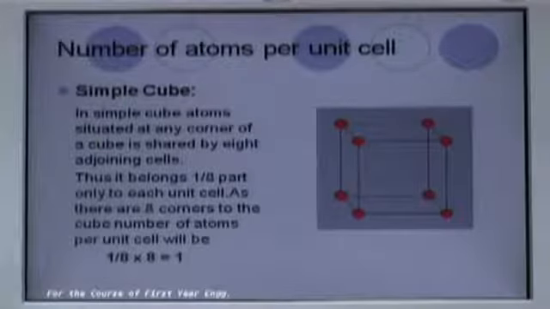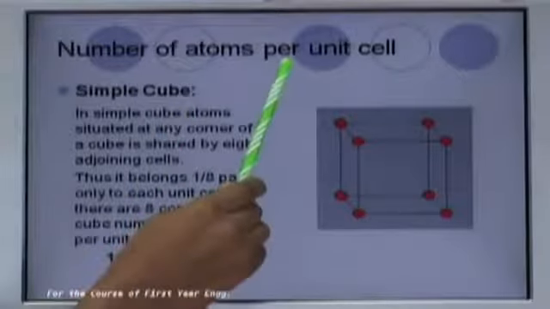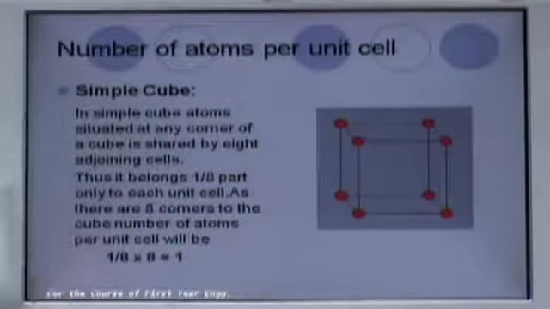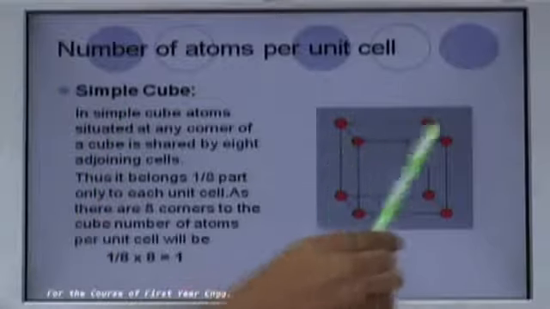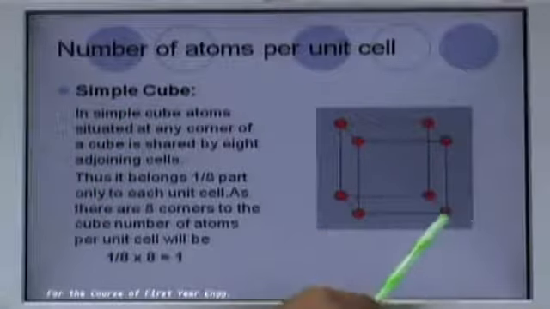Now let us learn number of atoms per unit cell. How many number of atoms are there per unit cell? First is simple cube. The lattice points or atoms are situated at 8 corners.